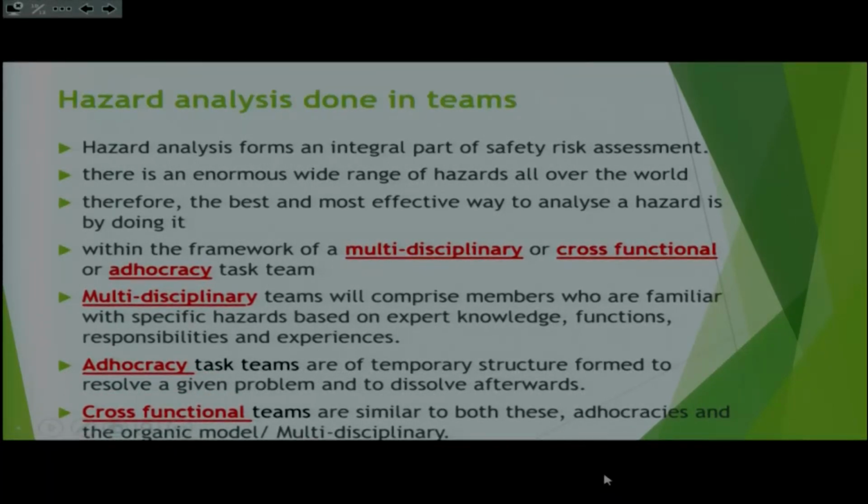Multidisciplinary teams will comprise members who are familiar with a specific hazard based on expert knowledge, functions, responsibility and experience. That means you're going to get a group of experts who have dealt with a particular type of hazard. They've got the skills, knowledge and experience, and they are able to tell you, in terms of the example I made earlier of manganese. We said if you don't know manganese, you won't identify it and you won't know the impacts.